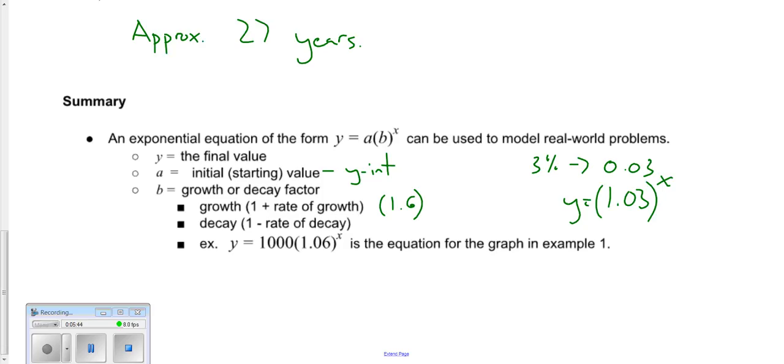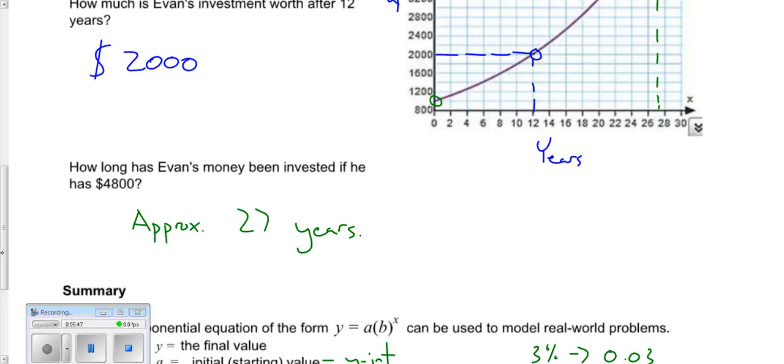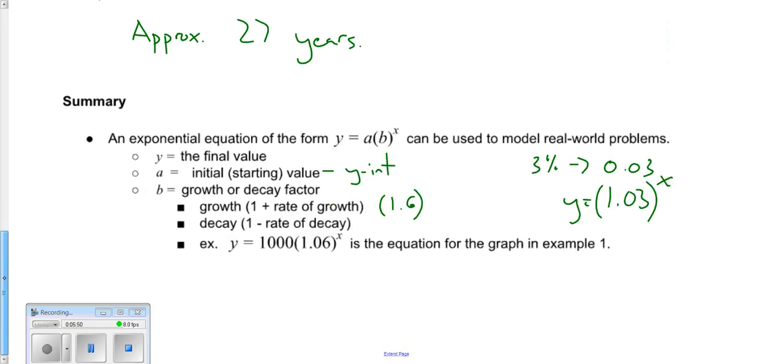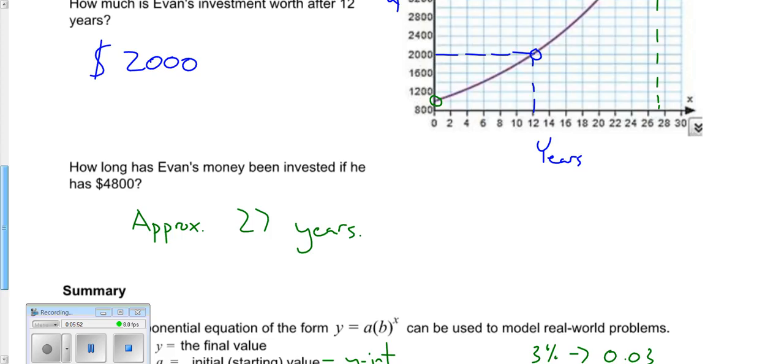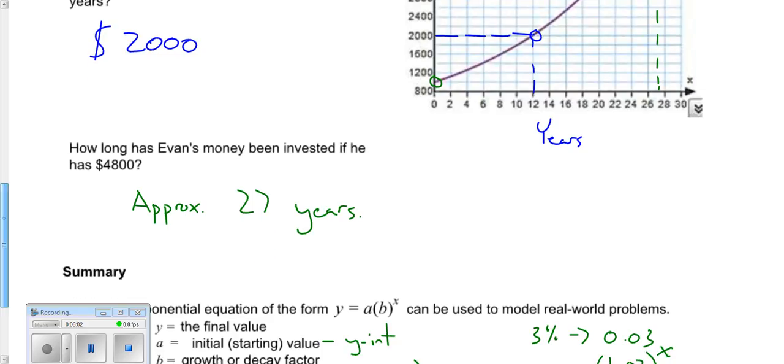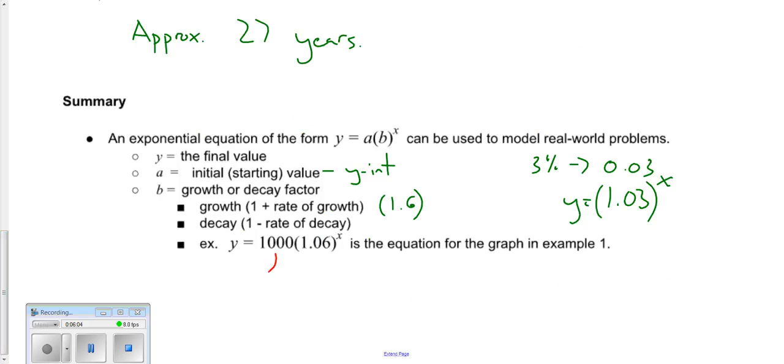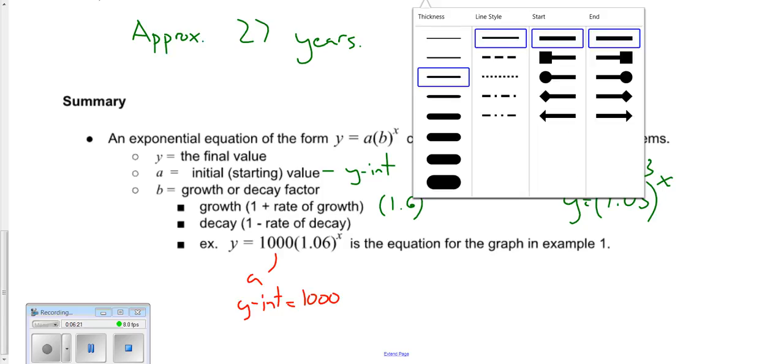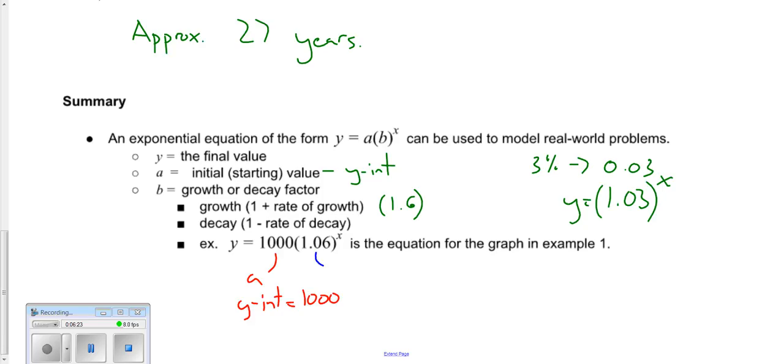Okay, and so in this particular equation that we have, that's listed down for us at the bottom, we can identify a couple of things. One, we can identify our A value. That's the A value. Okay, and so the y-intercept is going to be 1,000. We can tell what our B value is going to be.